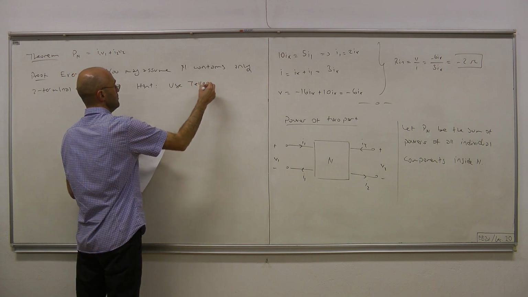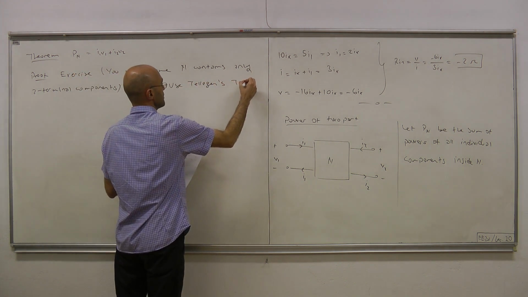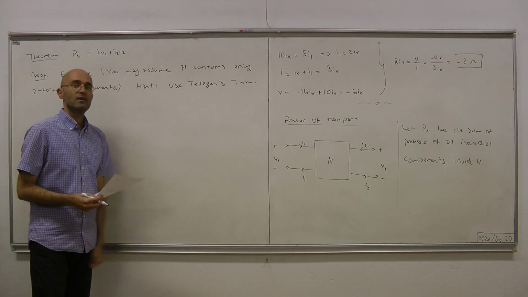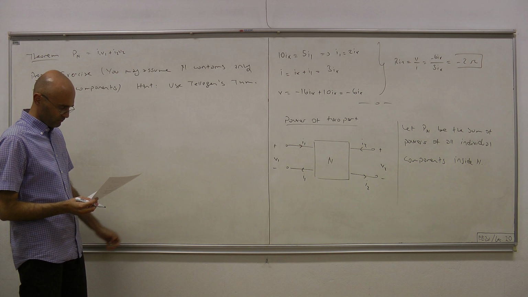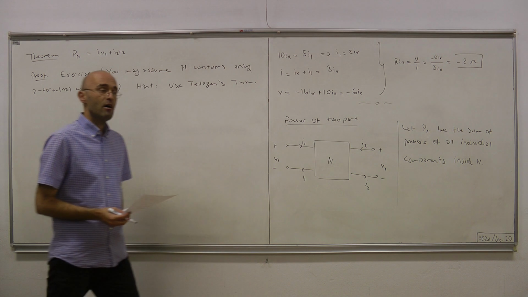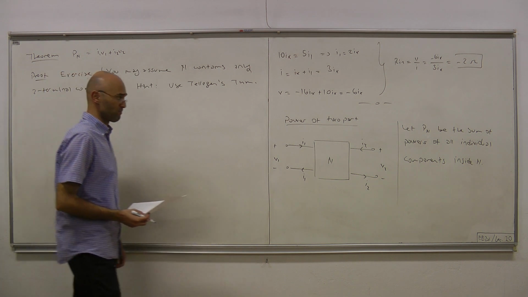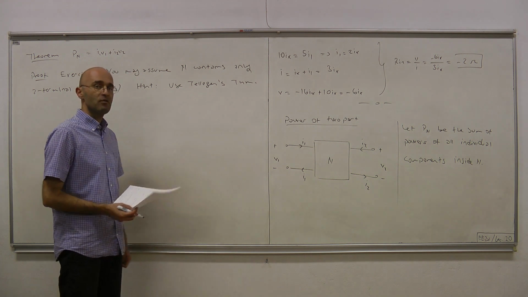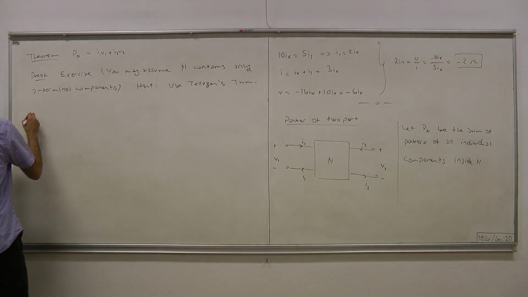Use Tellegen's theorem. It could be a very nice occasion to remember what Tellegen's theorem was. Okay. And now, having defined the power of the two-port, we can define when the two-port is passive or active. Okay. Here's the definition.